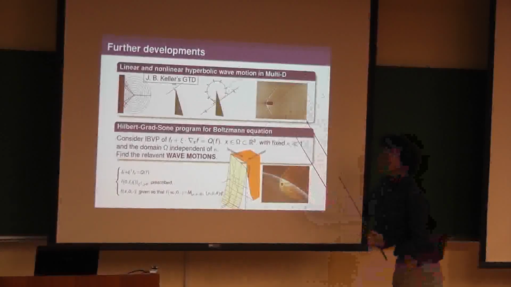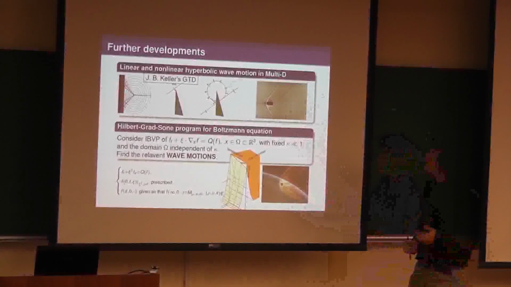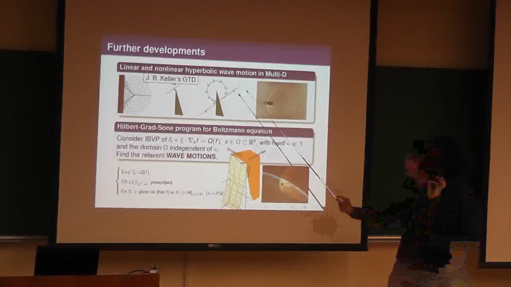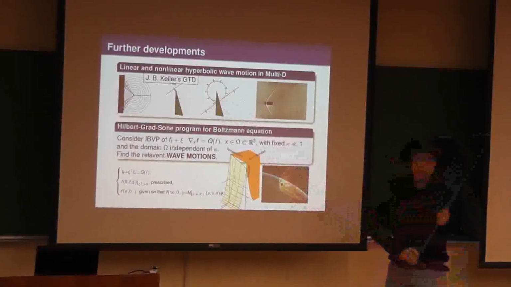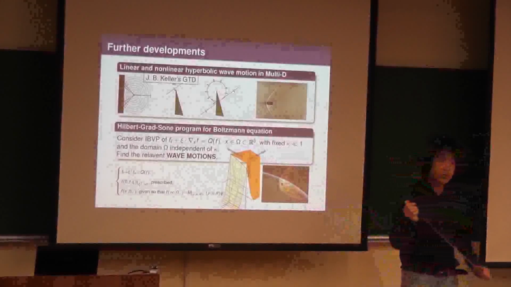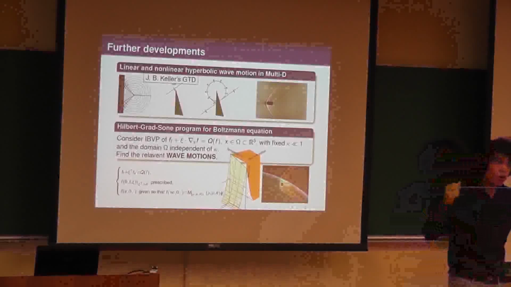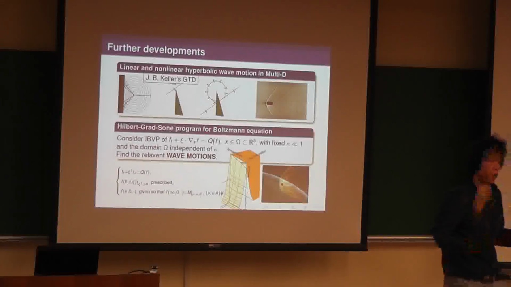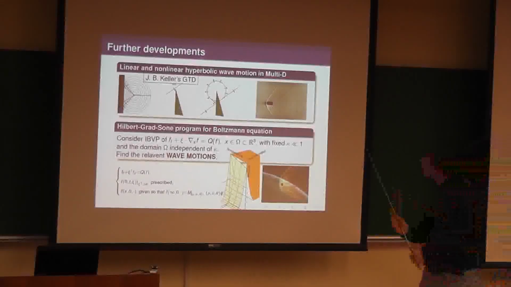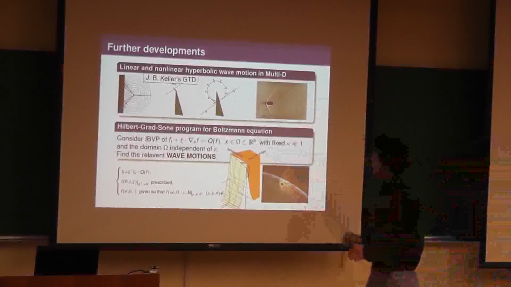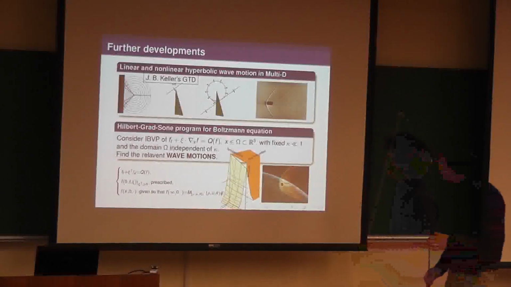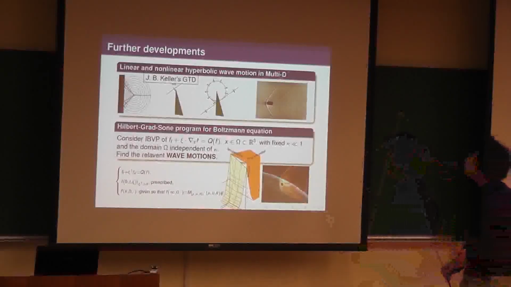But however, the PDE theory at this stage still needs further development. So I think that if we want to go further, we had better have a good understanding of all this basic PDE. And at the same time, how is it related to the Boltzmann equation?